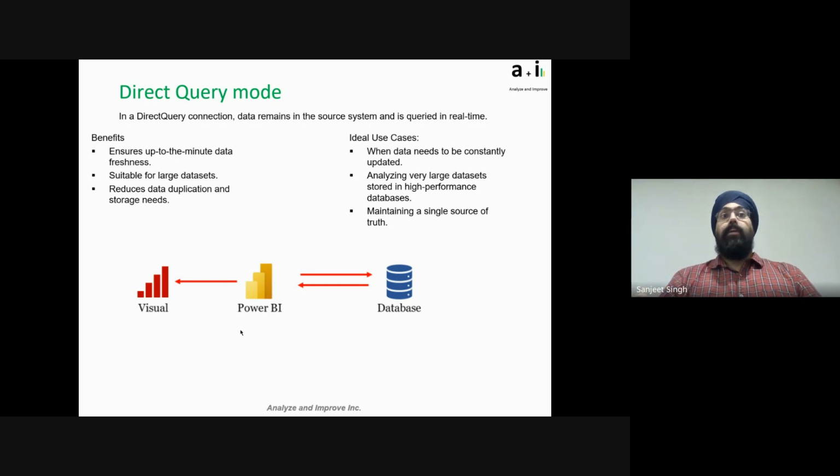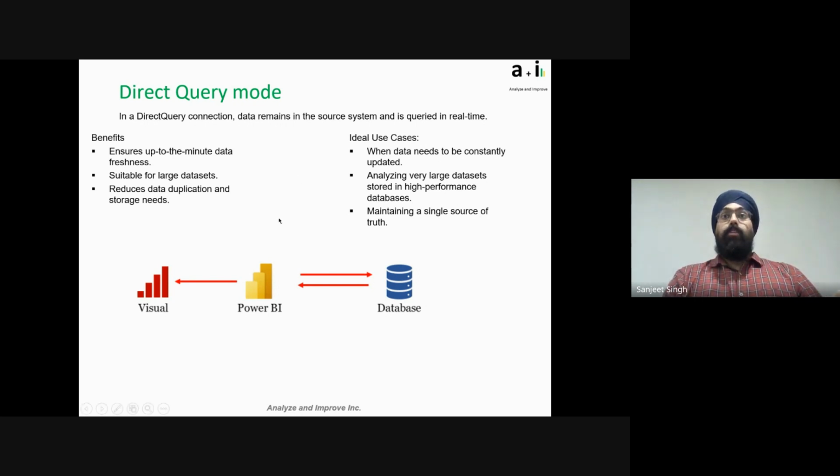Suitable for large data sets, it reduces data duplication and storage needs. Data duplication means we have similar data in our database. In import mode, we have data in a database, and similarly, we are importing that data in Power BI. So there's duplicity. We are storing the same data in both platforms. With direct query, it reduces the data duplication.